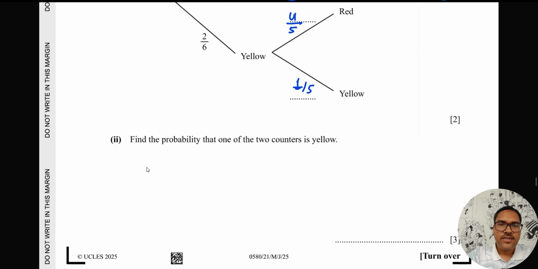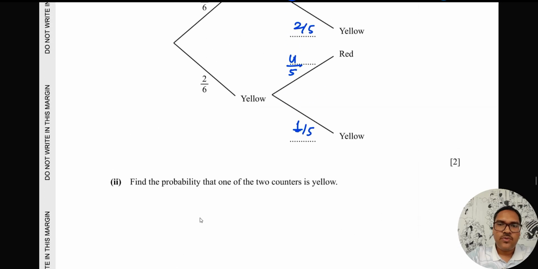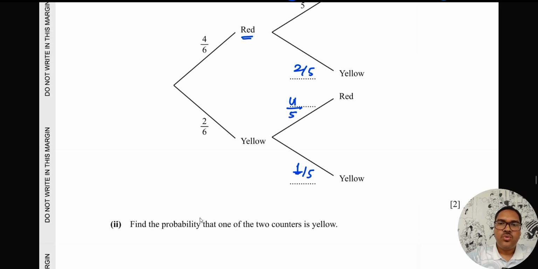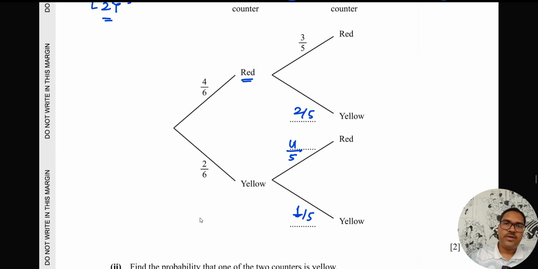Then the next part is find the probability that one of the two counters is yellow. So what is the probability that one of the two counters is yellow? You can see we have the case red, yellow, and the second case yellow, red. So for this answer, first is red, second is yellow, plus first is yellow and second is red.